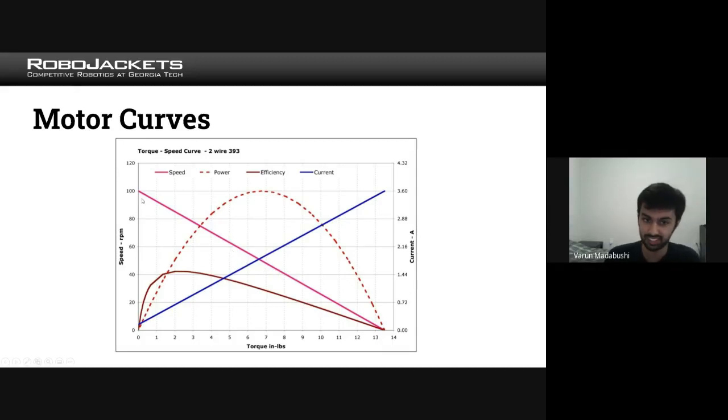The interesting thing here is that the speed is on the vertical axis, torque is on the horizontal axis, and the speed-torque relationship is linear. This means that at a particular voltage, if there's a particular external torque on the motor, it's not going to rotate faster than that.